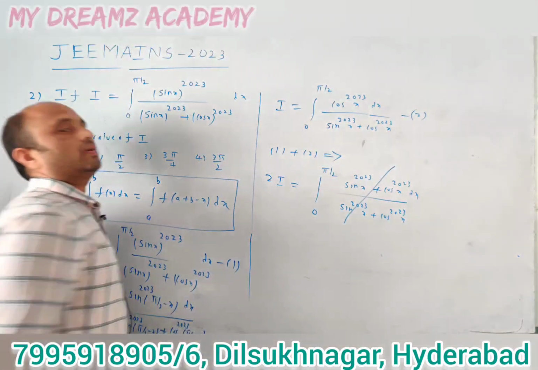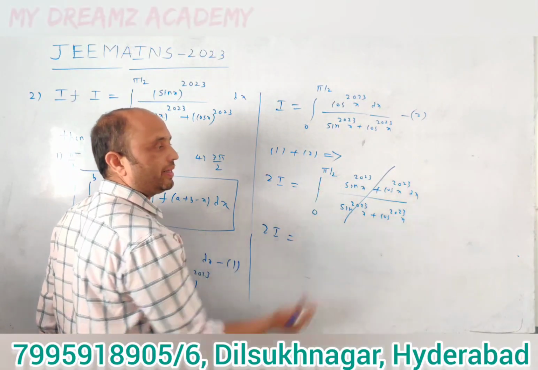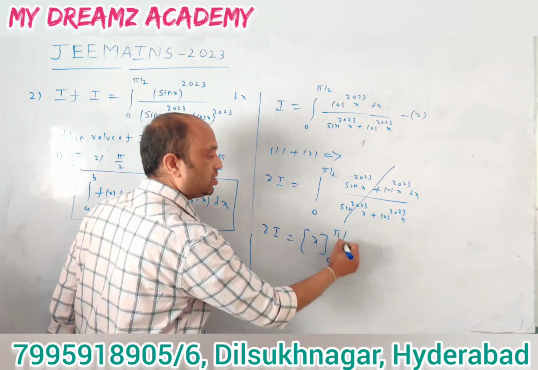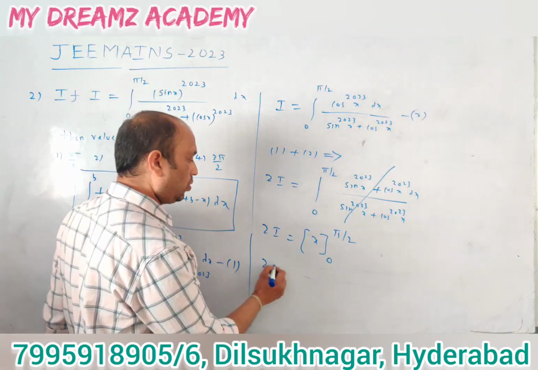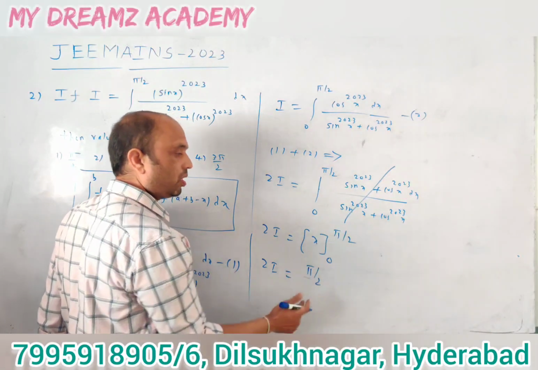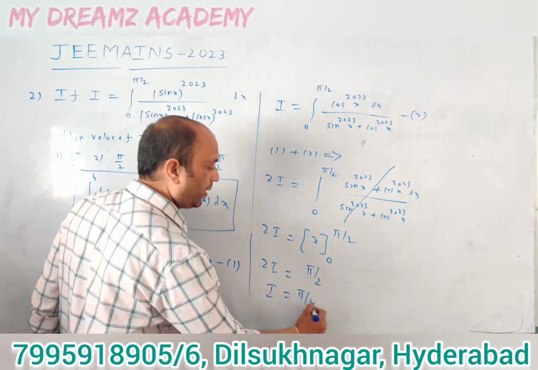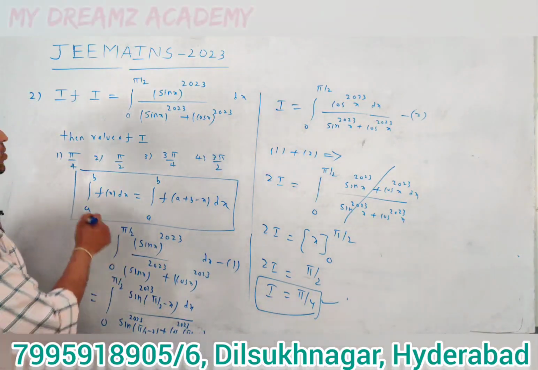So these two terms get cancelled. So 2I is equal to integration of dx, which is x, with limits 0 to pi by 2. Substituting that value, 2I is equal to pi by 2, upper limit minus lower limit 0. So I is equal to pi by 4. This is our required answer, I is equal to pi by 4.